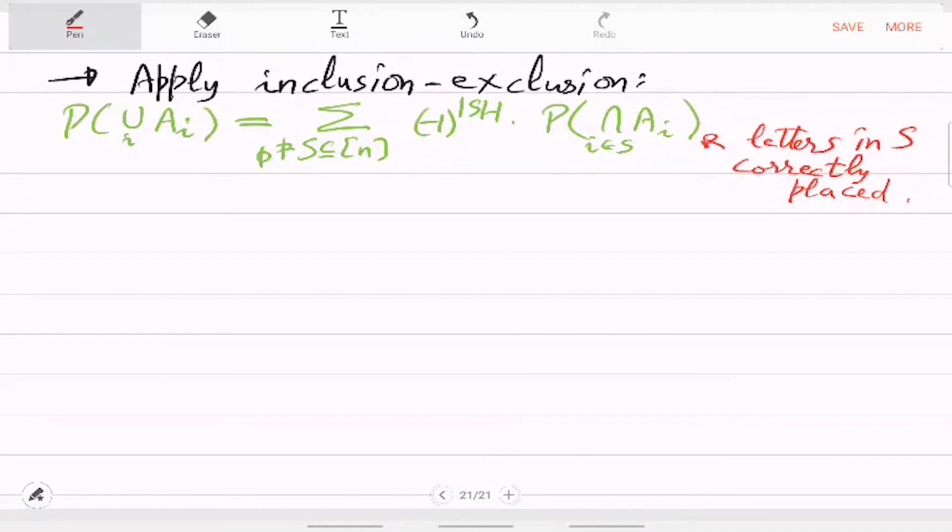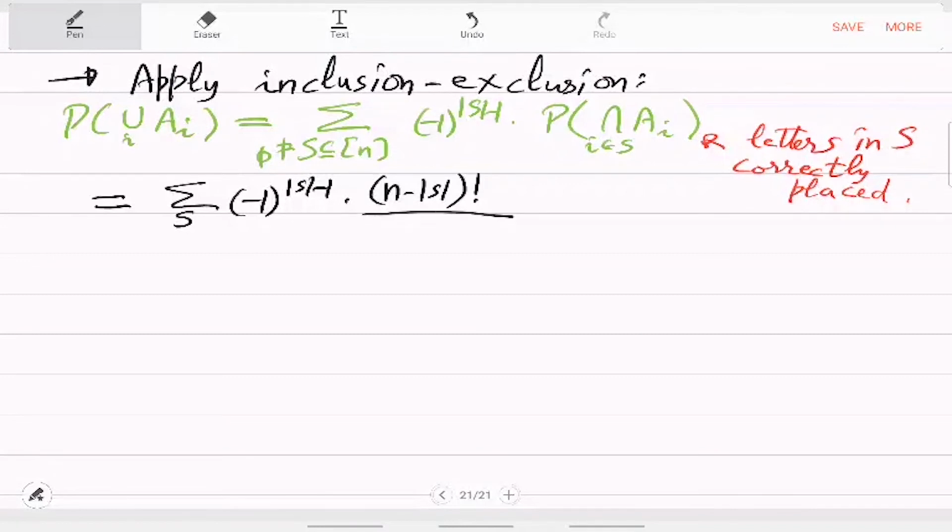This part of the permutation is already fixed then. What remains? S complement is what remains, and there anything is allowed. So which gives you the idea that the probability has to be (n minus size of S) factorial divided by n factorial.